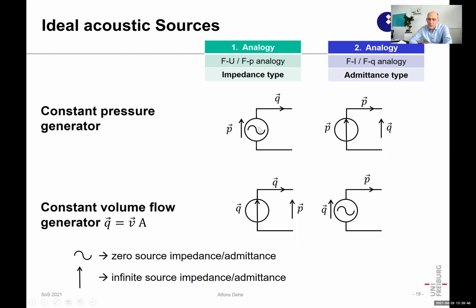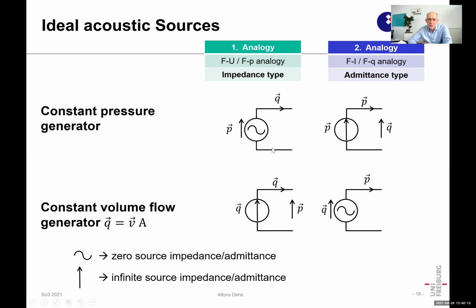If you look at this symbol, this is equivalent to a voltage source. It has zero source impedance, while a constant volume flow generator is like a current source, and it has infinite source impedance. This is the inverse, the second situation.